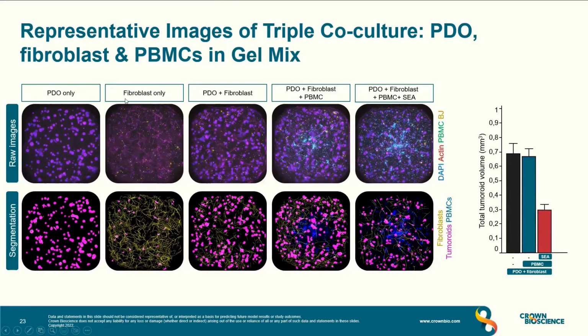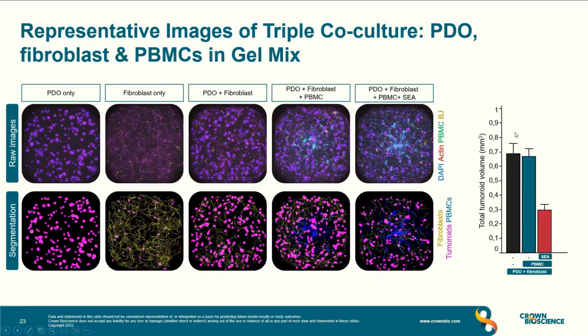So we have either organoids only, fibroblasts only, the double co-culture between fibroblasts and organoids, and then we add on top PBMCs or PBMCs that are activated by superantigen SEA. And below you can see the segmentation masks that our image analysis software is making to make the final quantifications of these different compartments in these cultures.